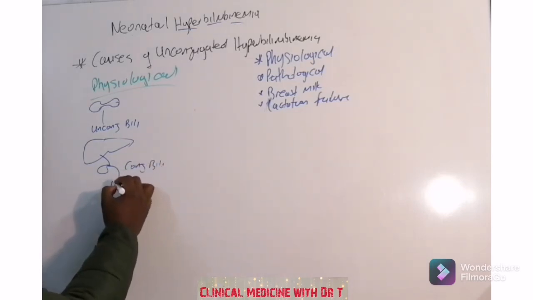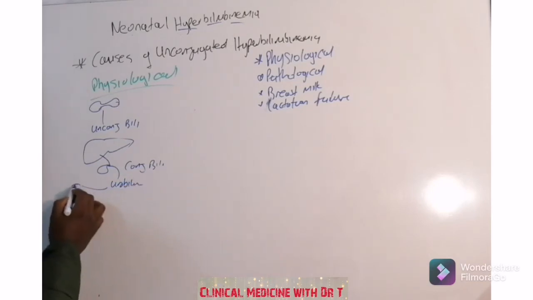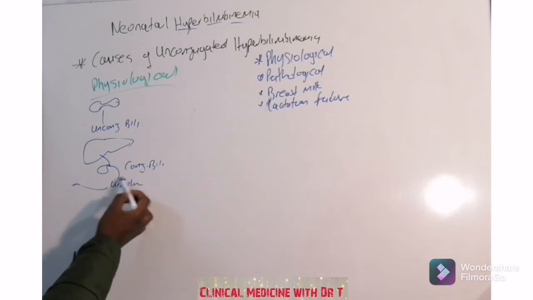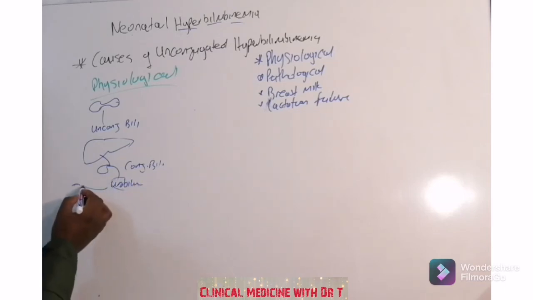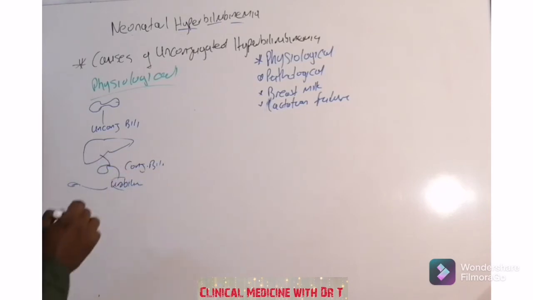and then it's converted by the bacteria there to urobilin, and then urobilin is, like we said yesterday, that conjugated bilirubin cannot be reabsorbed. It can't be reabsorbed from the intestines back to the body. But once bacteria convert this to this molecule, it can be reabsorbed. That's why you find it going now back into the liver in what they call the enterohepatic circulation.